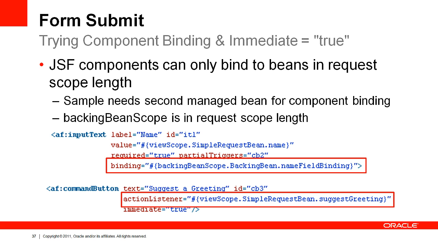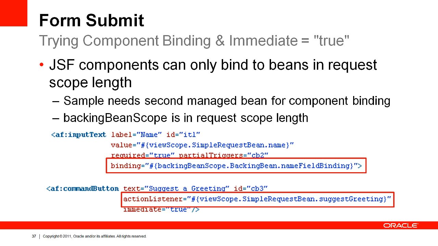What you see, however, in the screen is that we do have two types of managed beans. So there's still the managed bean that actually represents our model, which is in view scope, so that a change of the data survives the request. And then you see there's a backing bean that I'm adding to the input text field.